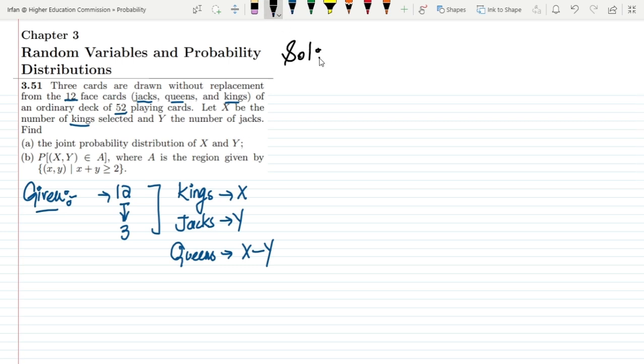Solving it, this is part A of my question, and in part A the total number of combinations by selecting 3 cards from 12 would be 12 choose 3.